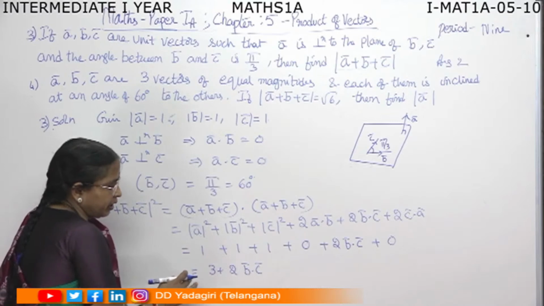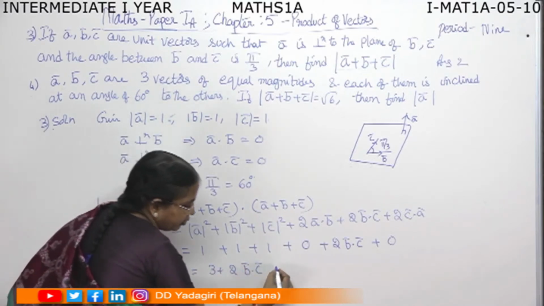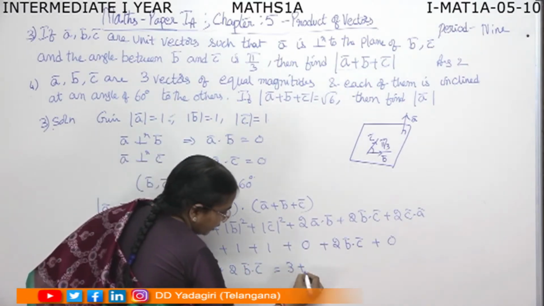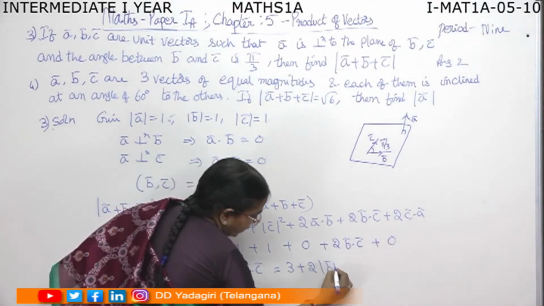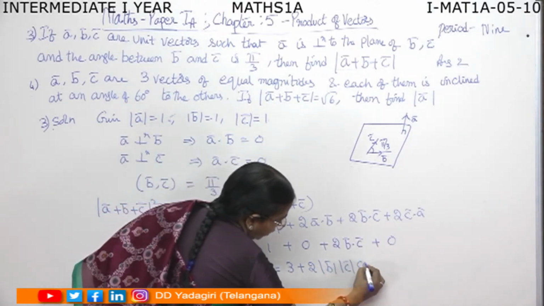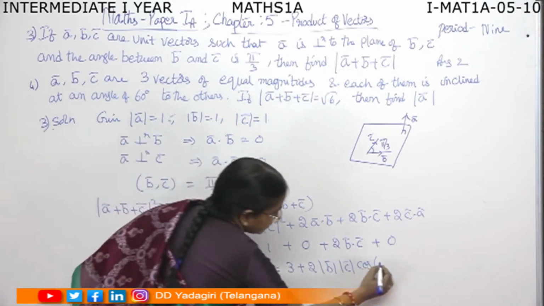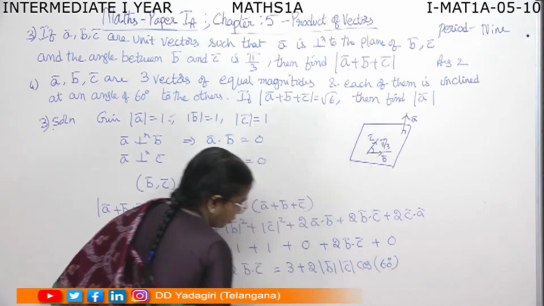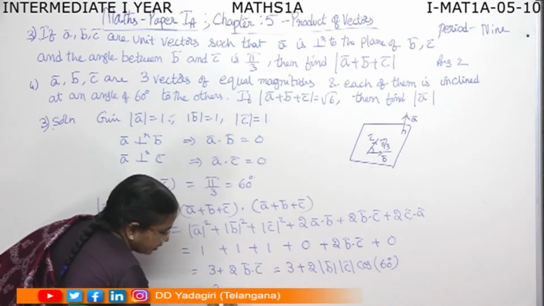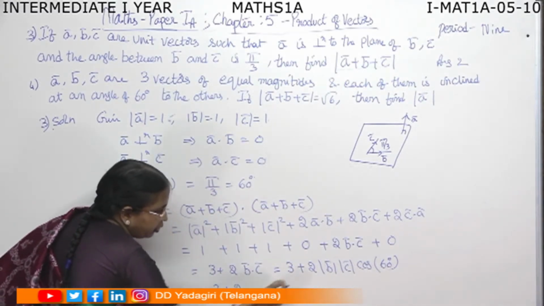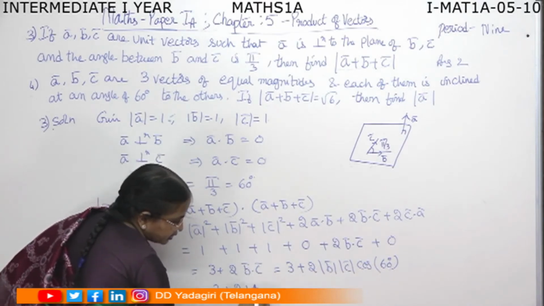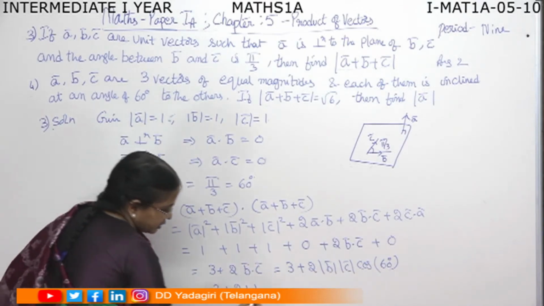Now we'll write the formula for B dot C because we don't know its value. So 3 plus 2 into mod B into mod C into cos of the angle between B and C. What is the angle between B and C? 60 degrees. So now just substitute the value and simplify. So 3 plus 2 into mod B is 1, mod C is also 1, cos 60 is half.